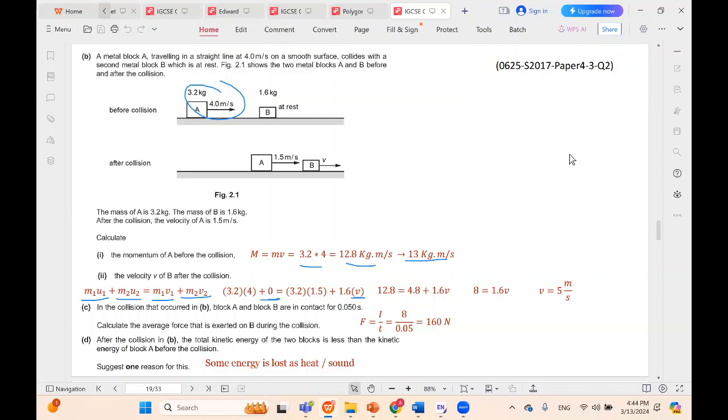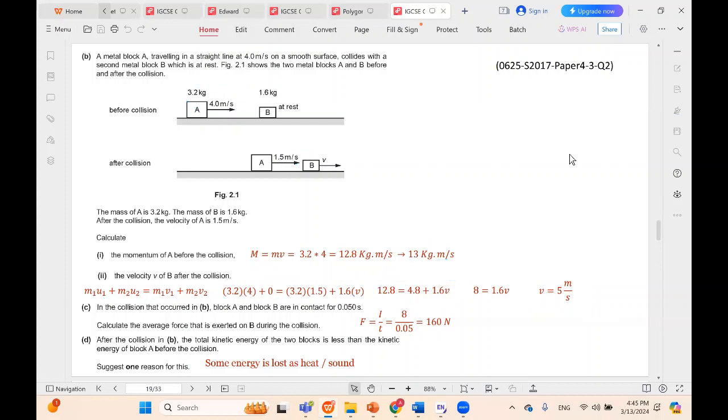We're given everything else, including the velocity of A after the collision, so we just plug in the values. 3.2 is the mass of A, and 1.6 is the mass of B. 4 is the initial speed of A, and 1.5 is the final speed of A. We get this equation here, and we solve it for V, and V is equal to 5 meters per second.